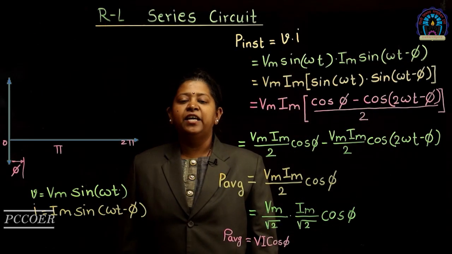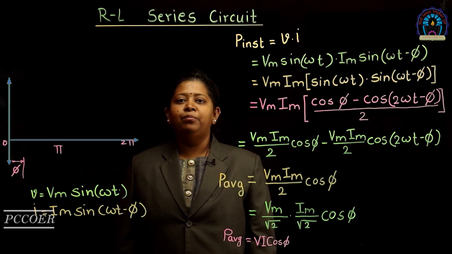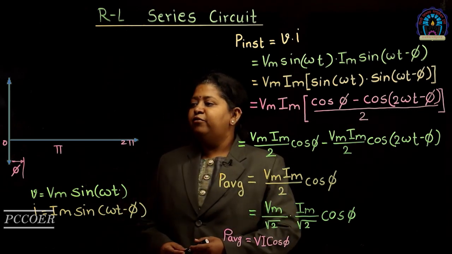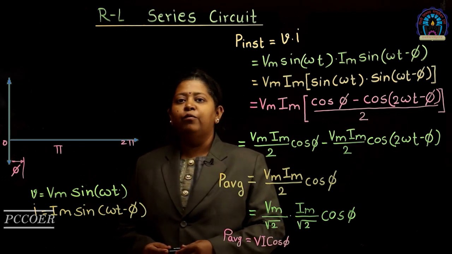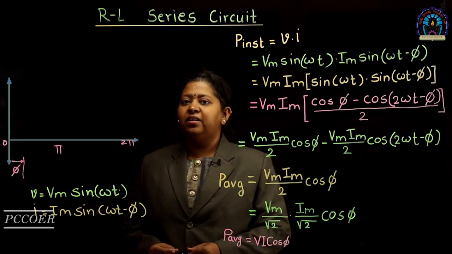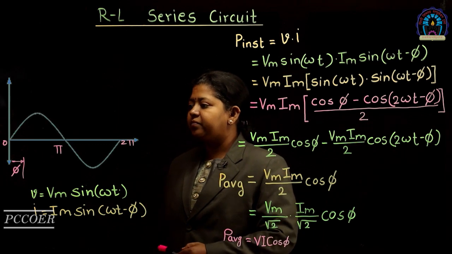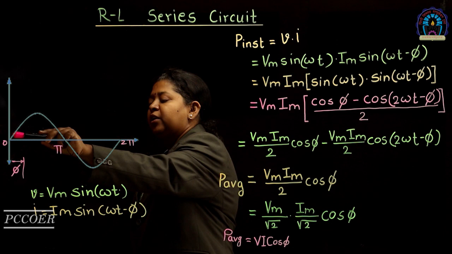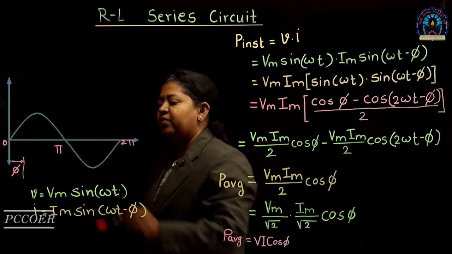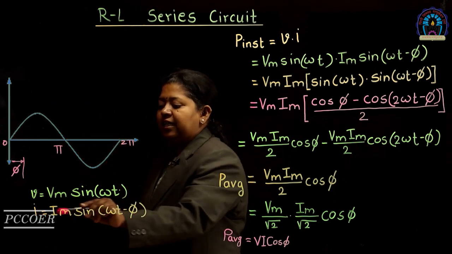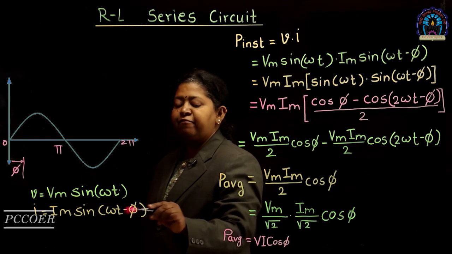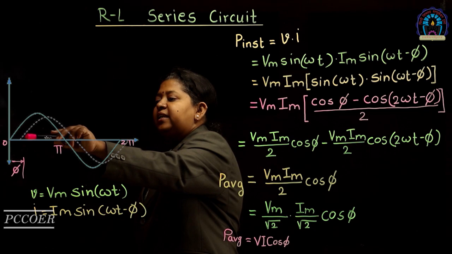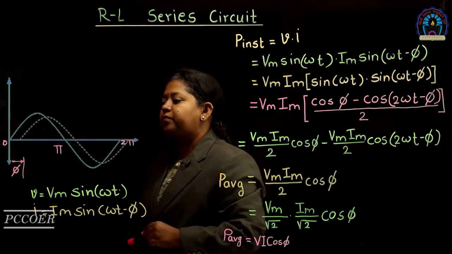Now let us derive the expression for the power consumed by the RL series circuit. For this, we will have to refer to the waveforms of voltage and current flowing in the RL series circuit. It can be seen that the voltage waveform starts from theta equal to 0, whereas the current is lagging behind the voltage by phi radians. So the current waveform starts from theta equal to phi.